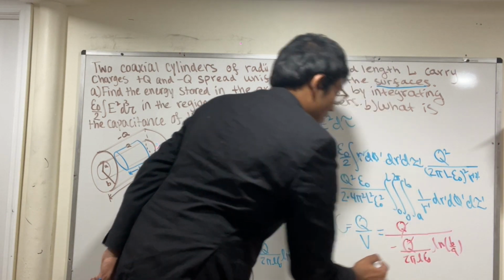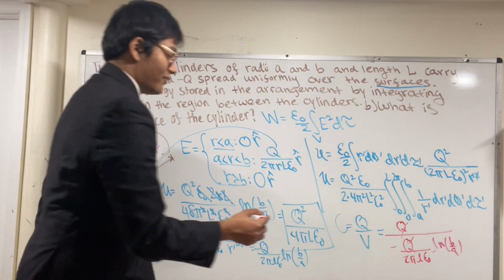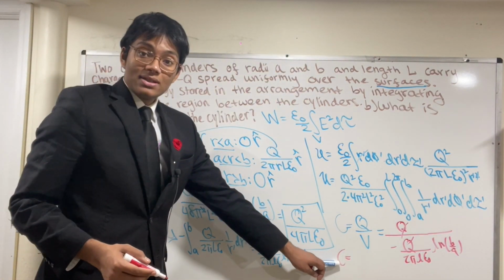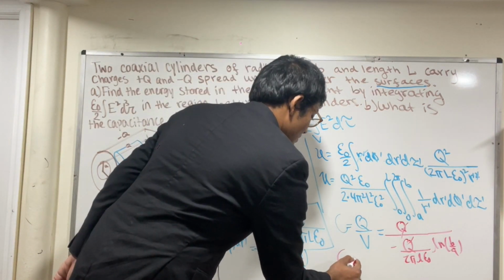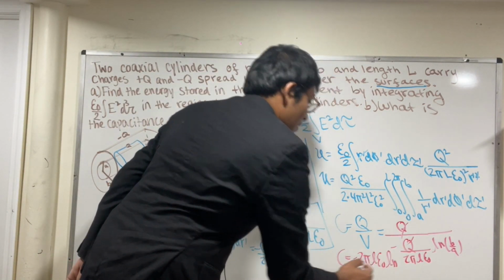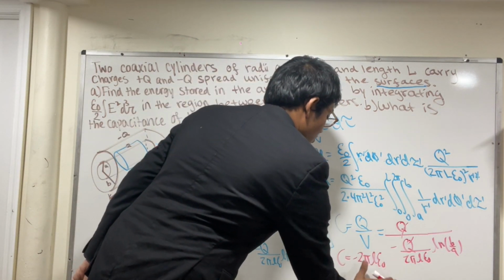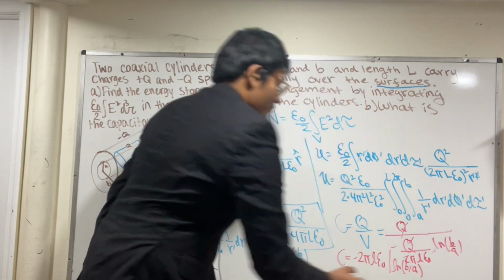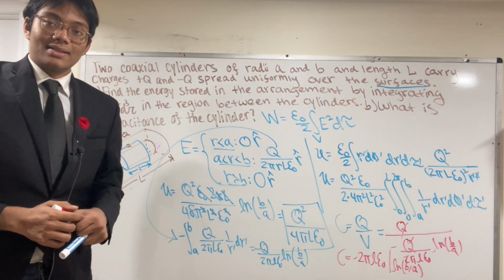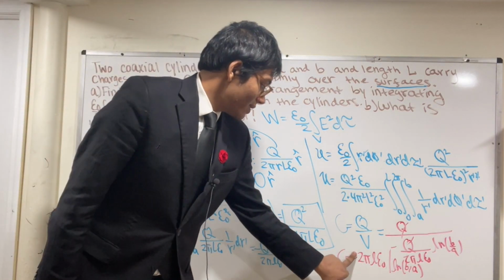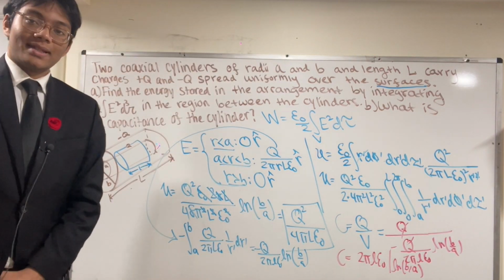Now q and q cancel out, and I'm left with my capacitance for this cylinder, which is 2 pi L epsilon naught over the natural log of b over a. And there you go, that's the capacitance. One small mistake is that there should not be a negative sign over here for the capacitance.